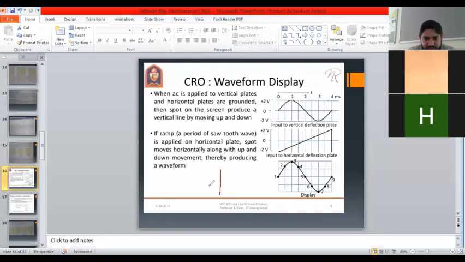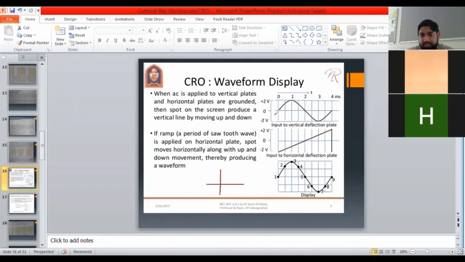I will draw the screen. This is the center of the screen. I have applied an AC signal to Y plates. Tell me, what will I see on the screen? Earlier we were applying a DC signal. Now I have applied an AC signal.